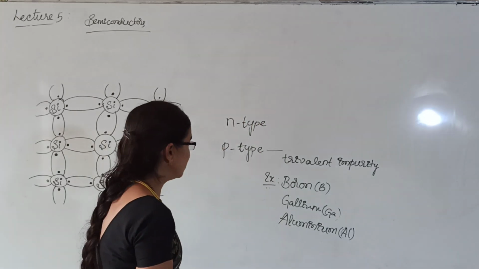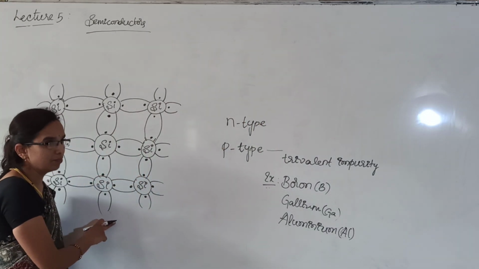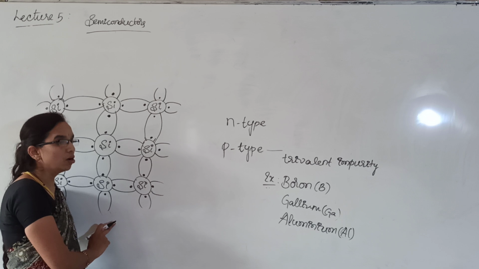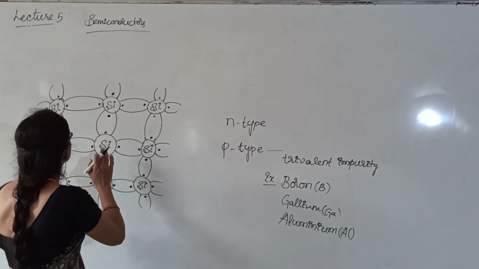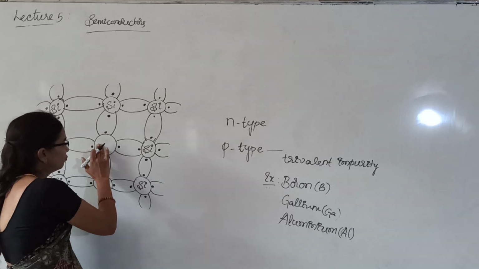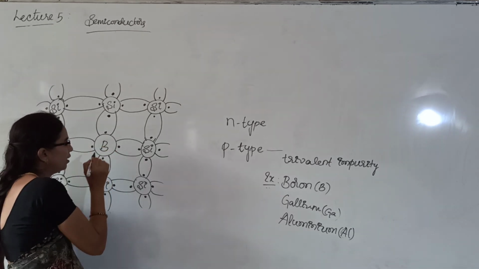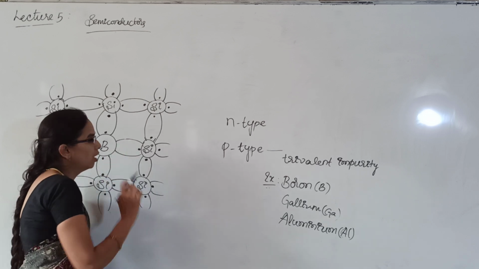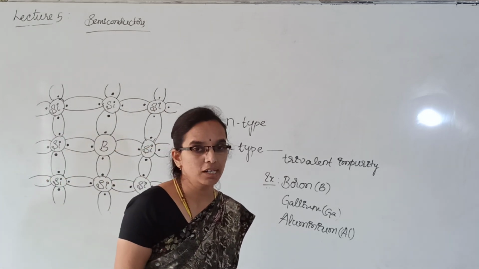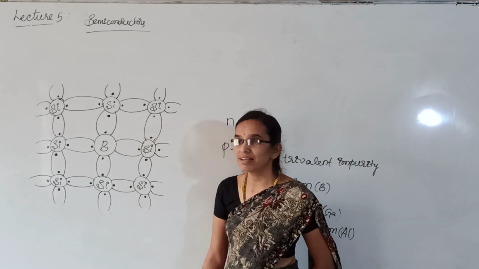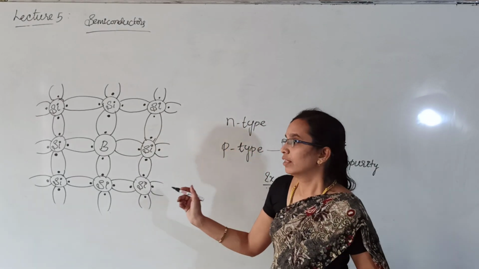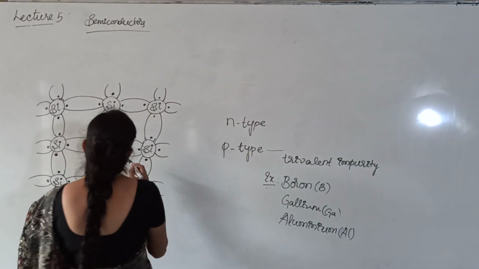How? If you consider a pure silicon crystal which is having 4 valence electrons in each atom, then if a trivalent impurity atom boron is added to the pure semiconductor or intrinsic semiconductor, then what happens?